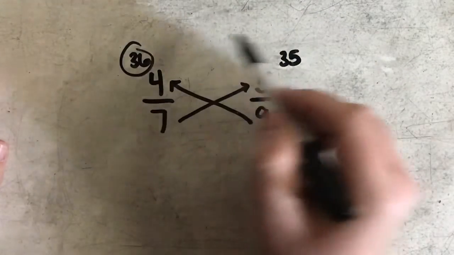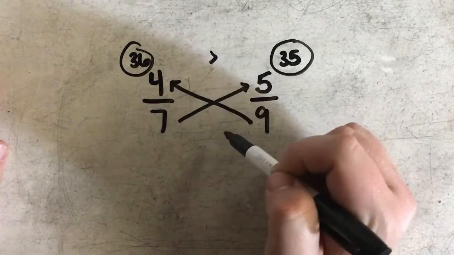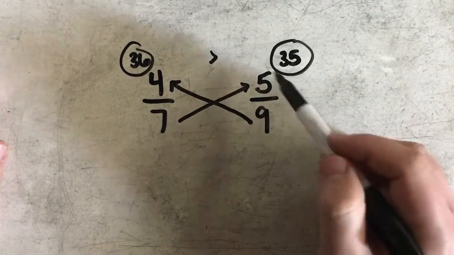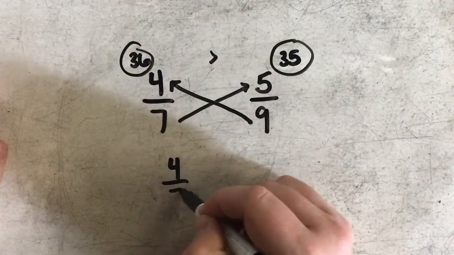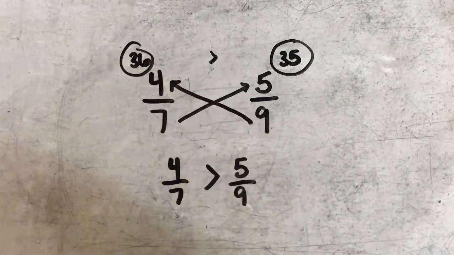When I compare these two numbers, I see that 36 is larger than 35, so therefore this fraction must be larger than this fraction. And I would say 4/7 is greater than 5/9.